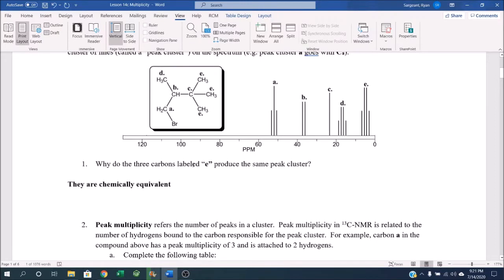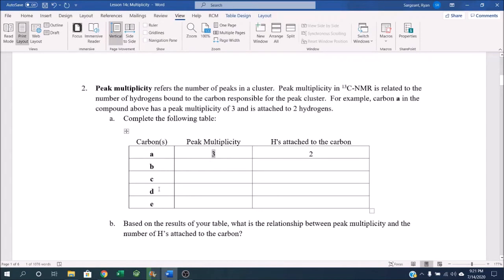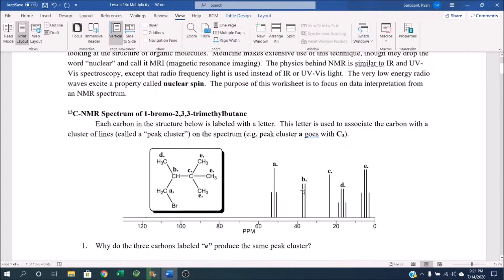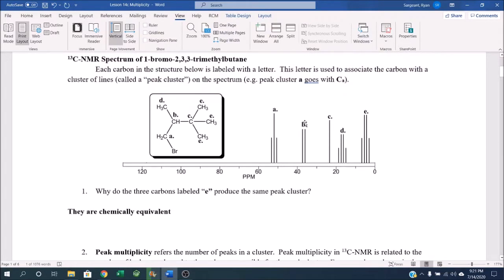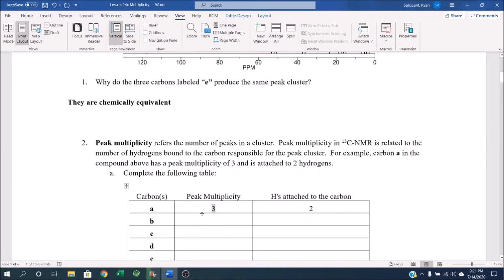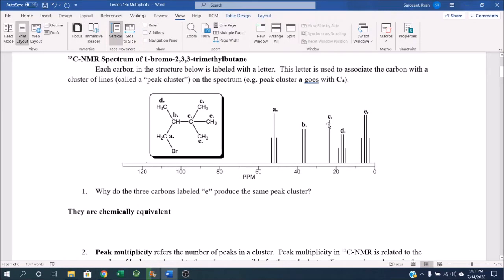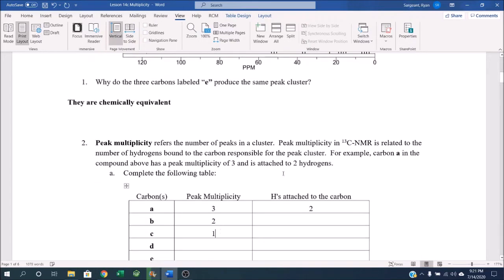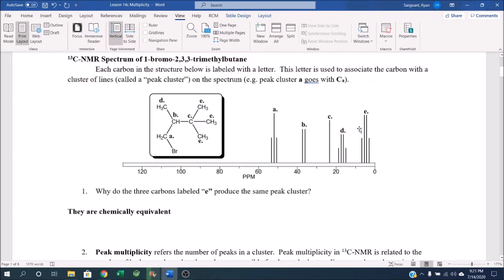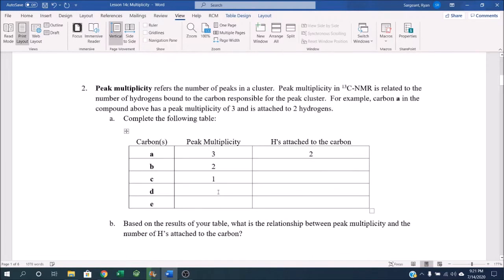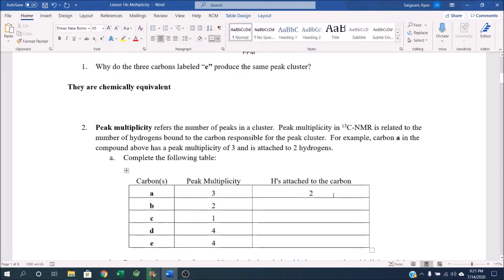We're going to use that same criteria to look at carbon B, C, D, and E. The peak multiplicity for B is 2 because if you look at the peak labeled B, there are 2 peaks. For carbon letter C, it's a 1, because it just makes 1 peak. D is 4 and E is also 4. So peak multiplicity is a numerical statement that tells us how many individual peaklets are found in that peak cluster.